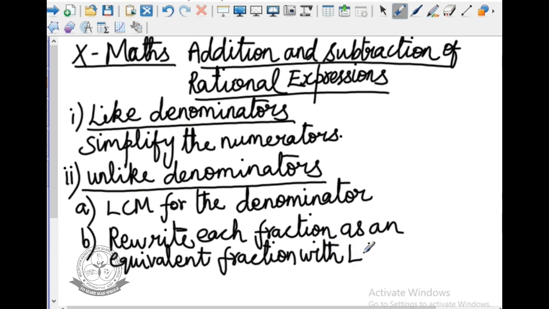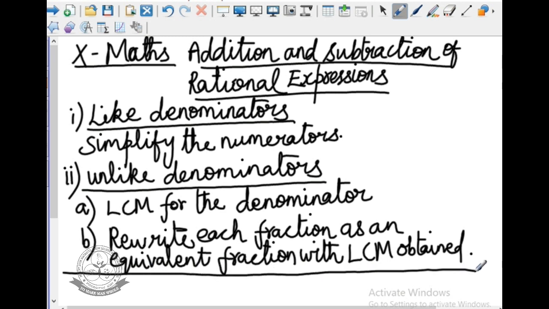According to the LCM, you have to write the numerator. These are the two steps you have to follow to do the sums in exercise 3.6.